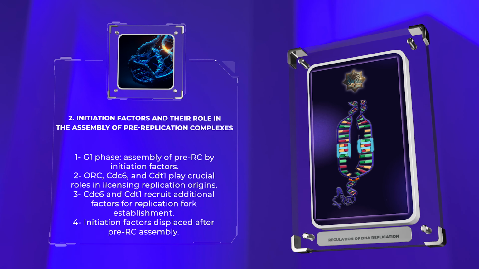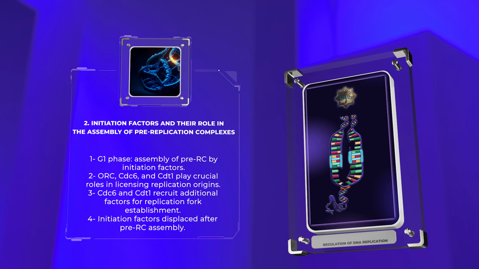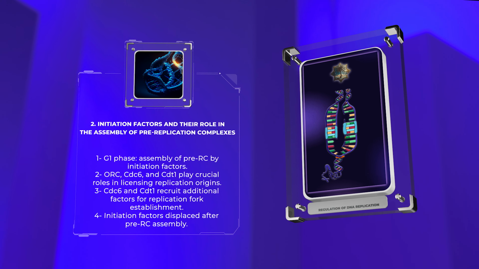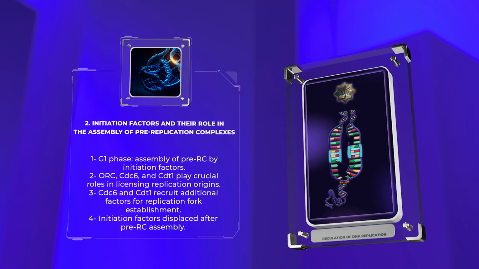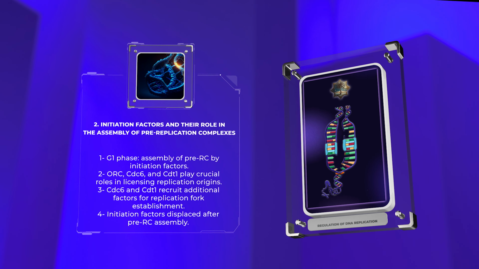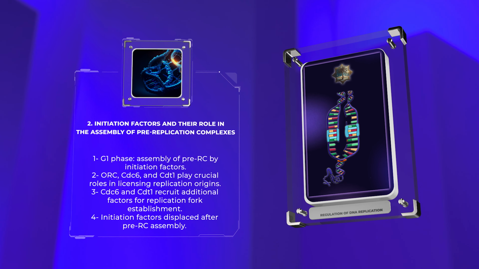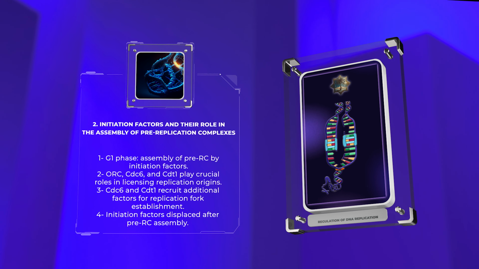During the G1 phase of the cell cycle, the assembly of pre-RC involves a series of events orchestrated by initiation factors. These factors, including ORC, CDC6, and CDT1, play crucial roles in licensing replication origins. ORC, the origin recognition complex, binds to specific DNA sequences within replication origins and serves as a scaffold for the assembly of other pre-RC components.